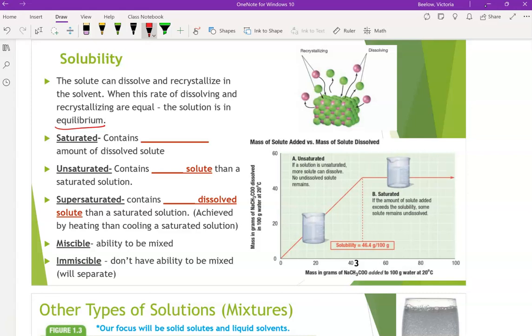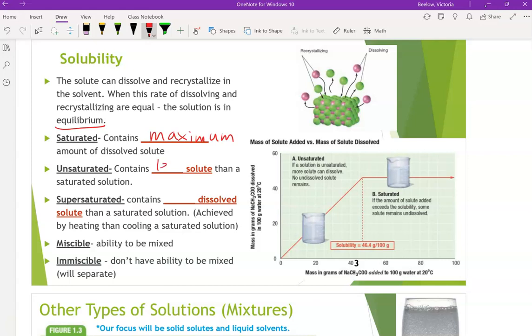So there are three different types of situations we can have. We can have what's called a saturated solution, which means that it contains the maximum amount of dissolved solute. If you were to put a huge amount of salt into water, there's a point where you won't be able to add any more solute, okay? Once you reach that max threshold, that's a saturated solution.